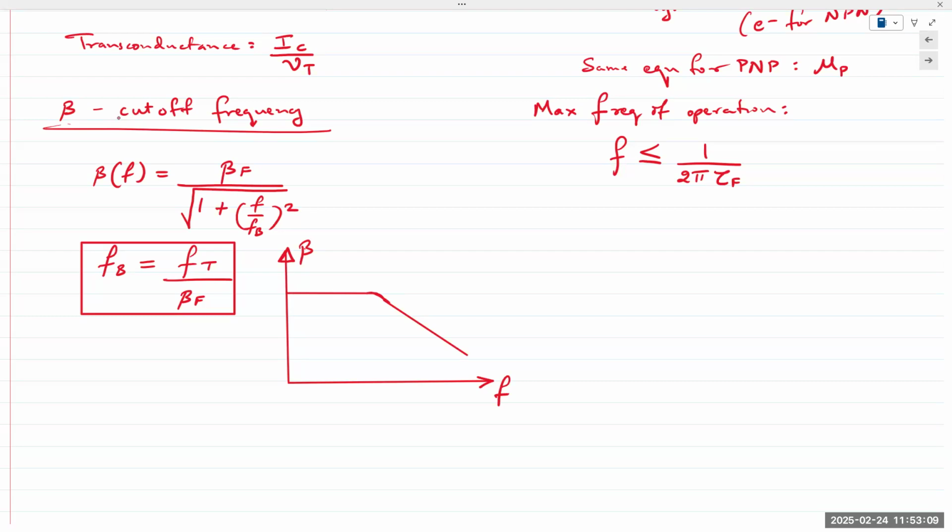So as the frequency increases, beta is going to remain constant for a long period of time until it crosses the upper limit. That upper limit is defined as the beta cutoff frequency, and will be somewhere here, after which point it will start dropping off in value. And that's the cutoff frequency.